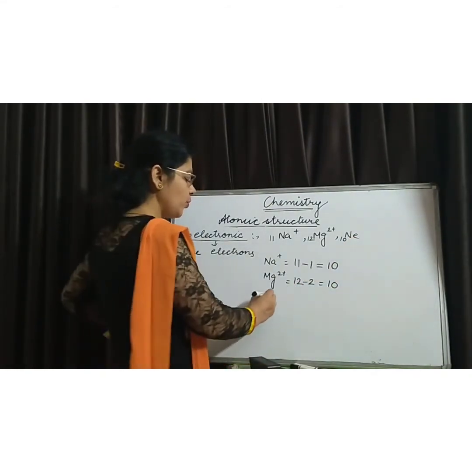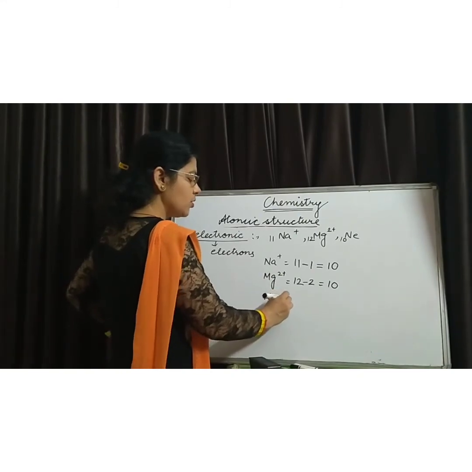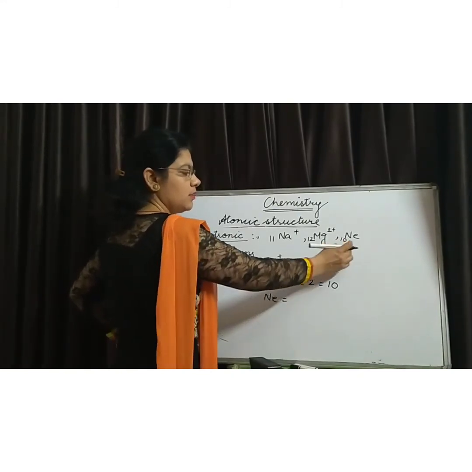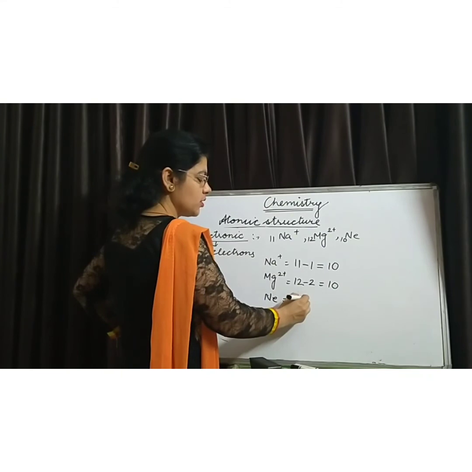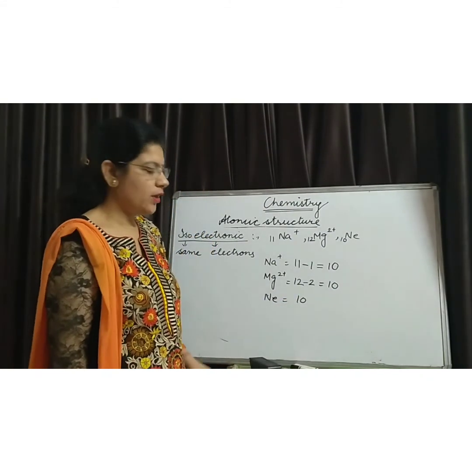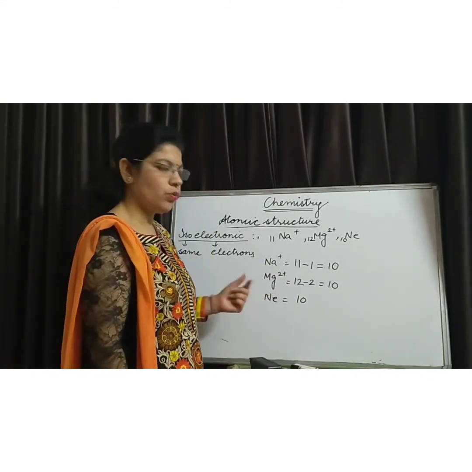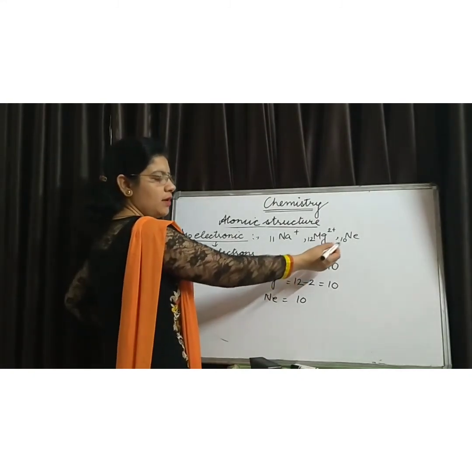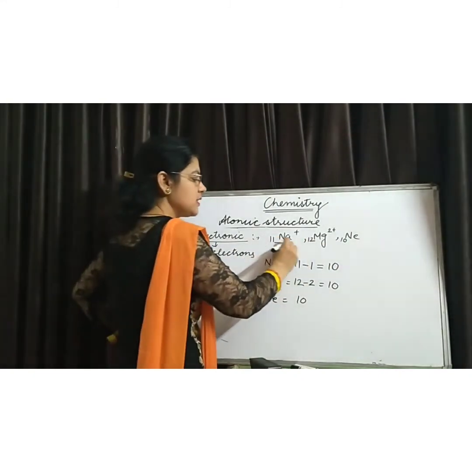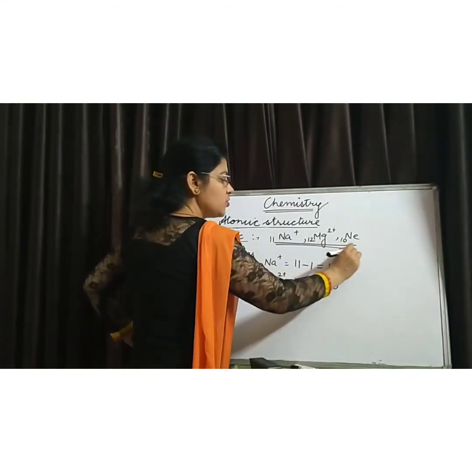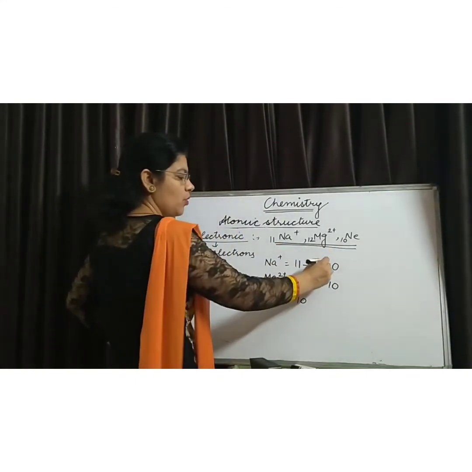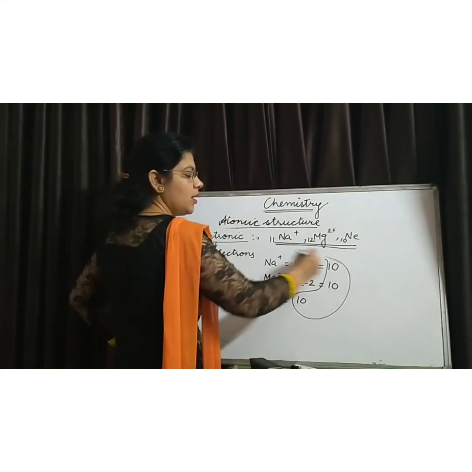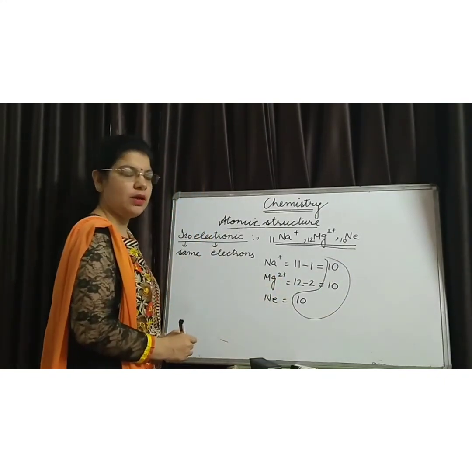And in the case of neon, neon is neutral, so its atomic number is equal to the number of electrons present in neon. Hence, sodium ion, magnesium ion and neon, these three are isoelectronic species because they all contain the same number of electrons.